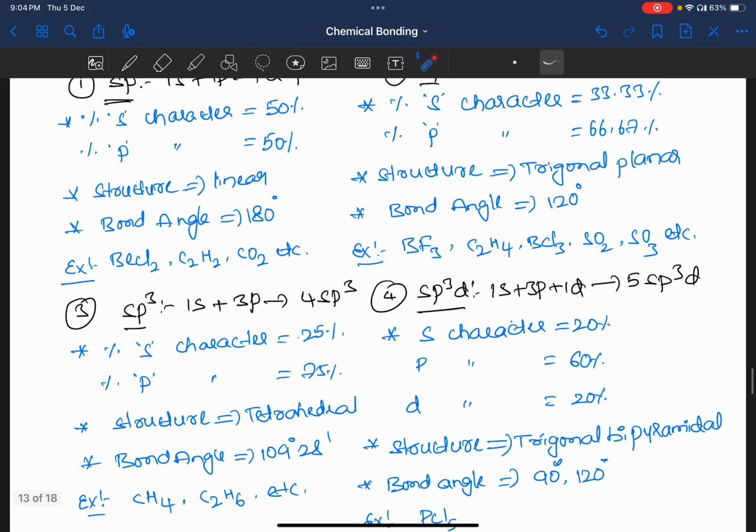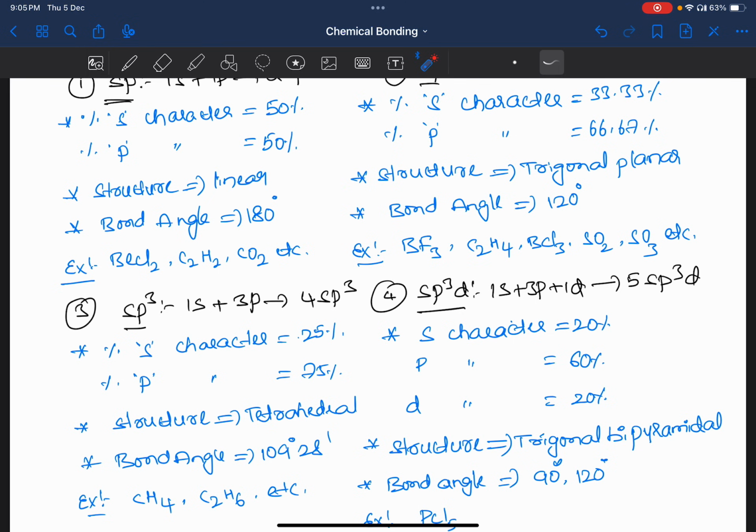Next, sp3 hybridization: intermixing of one s and three p orbitals to form four sp3 hybrid orbitals. Here the s character is 25% and the p character is 75%, so s character is less.